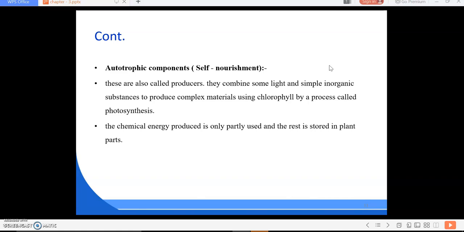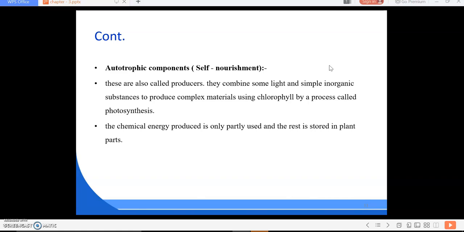They combine light and simple inorganic substances and manufacture complex material. They use chlorophyll in a process called photosynthesis, and the chemical energy produced is only partly used and the rest is stored in plant parts.